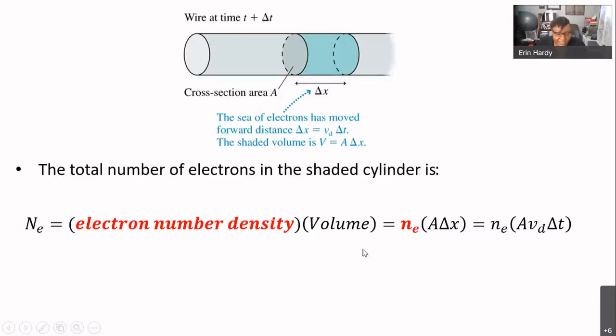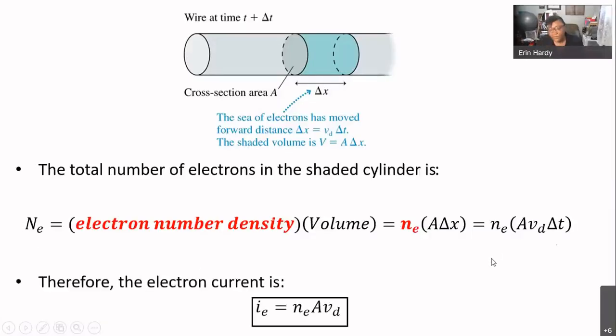That's going to cancel out the volume that showed up in the denominator of lowercase n sub e. Then I've got a delta t, and what is left over? The delta t cancels out the second that's in the denominator of the drift speed unit. So I just have a number, something that's completely unitless at this point.